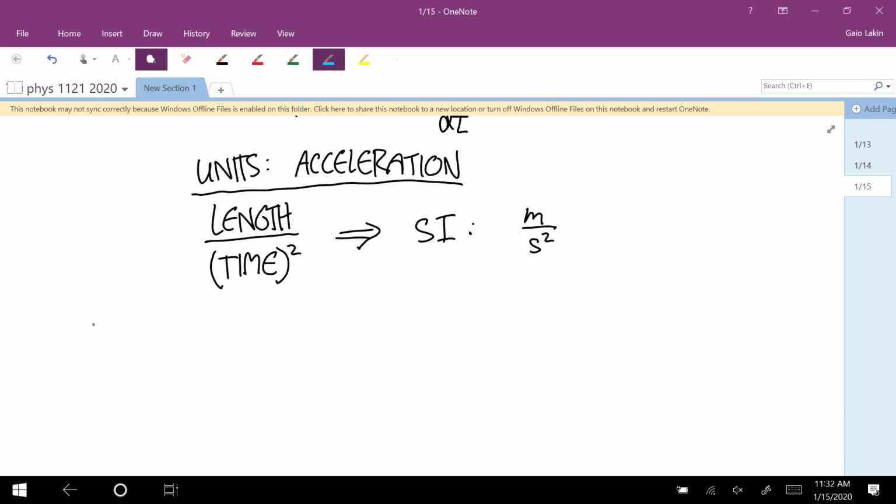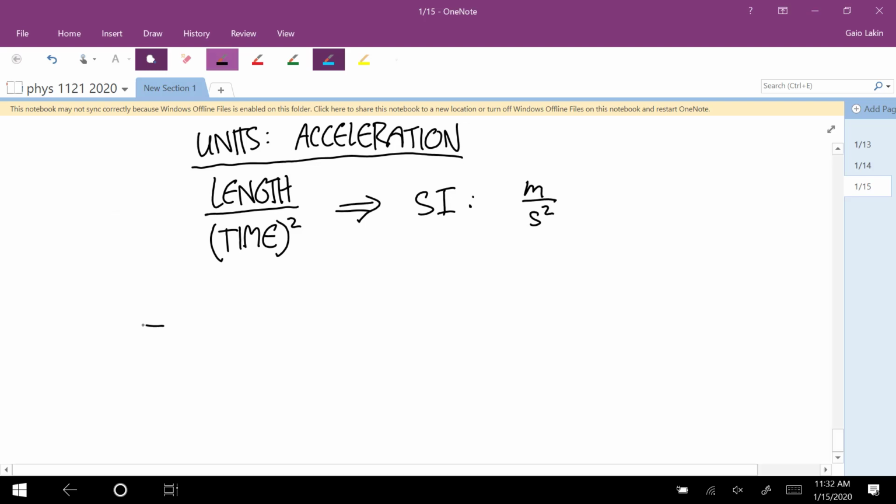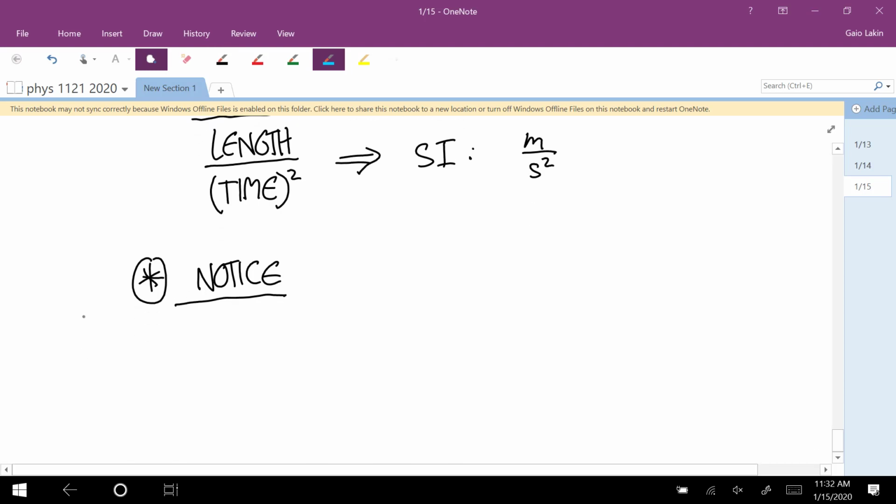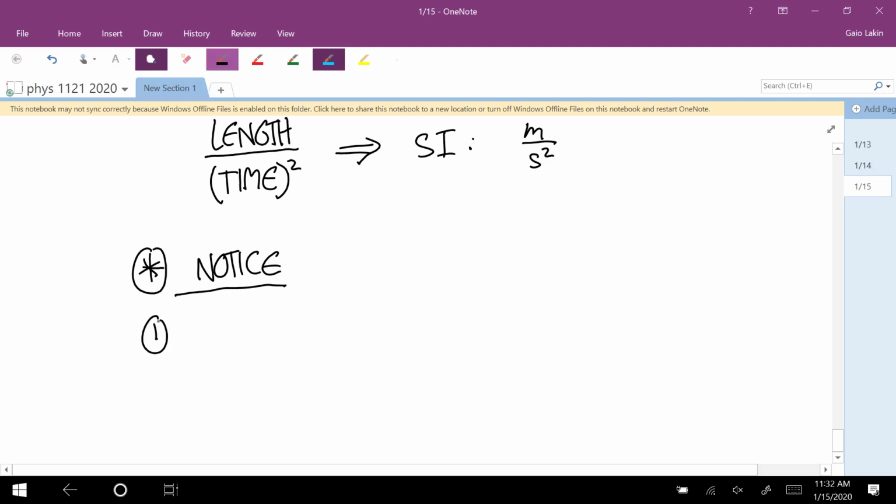Okay, so there's a few things to keep in mind about acceleration. So the first one is, on the position versus time graph, the acceleration is the concavity of the graph.